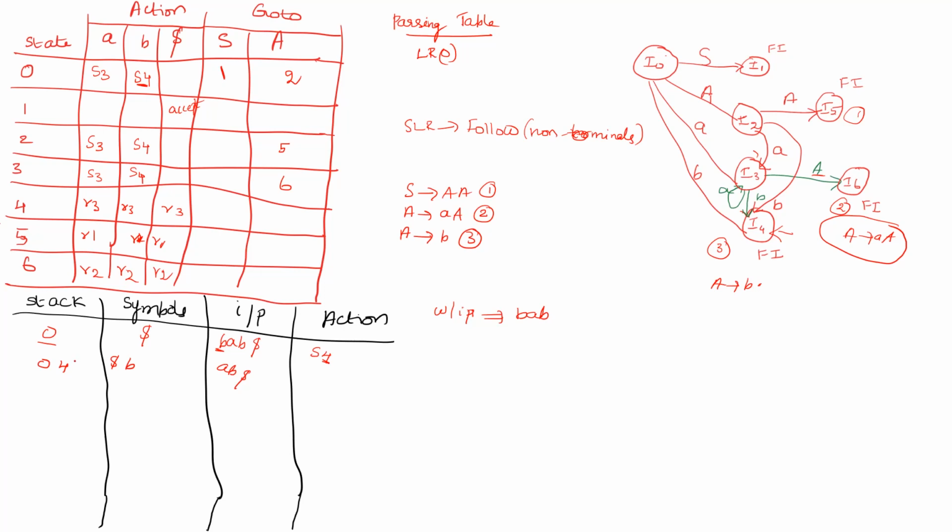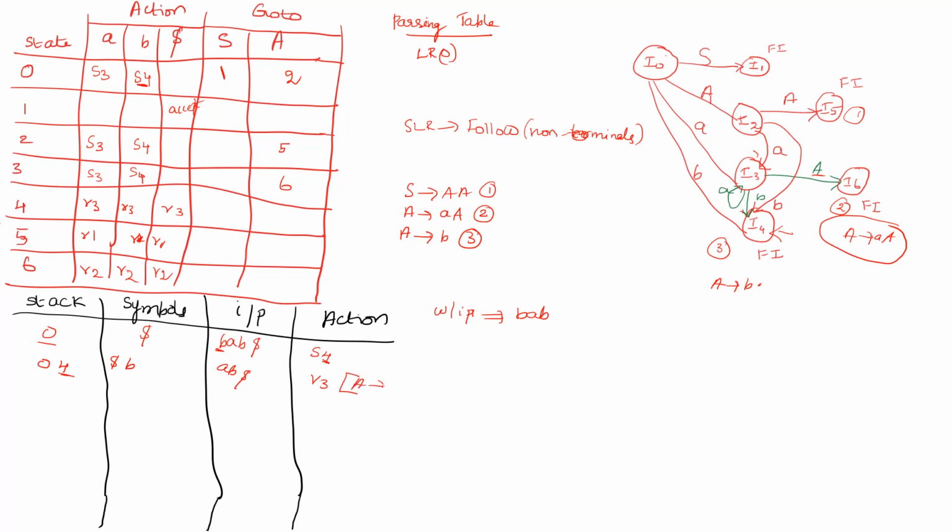Now we have to check 4 on B. That is a reduce operation, R3. What is R3?